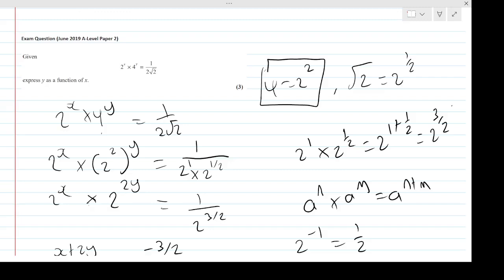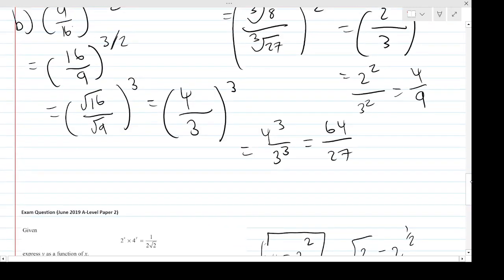That's just the level of index laws you'd be expected to use and the level of algebra you'd need for the exam. It's a good question to put into practice the topic we've learned. And in my opinion, it's really good to test yourself on an actual exam question to make sure you are exam ready and know the topic in sufficient detail.